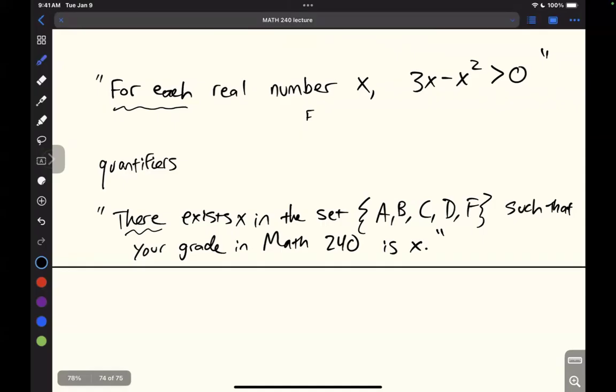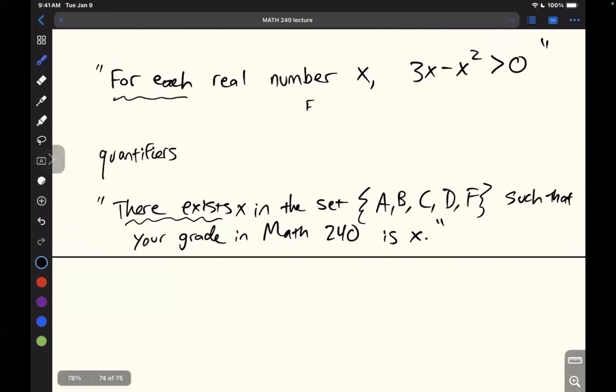And so the things that we're going to quantify, we're going to say for each real number X, or there exists an X. So we're putting some quantifier on X, right? There's a variable in these sentences, and we're quantifying it in a different way.